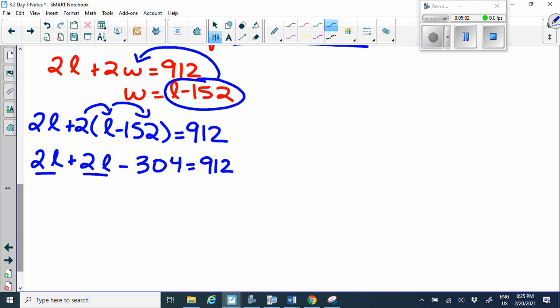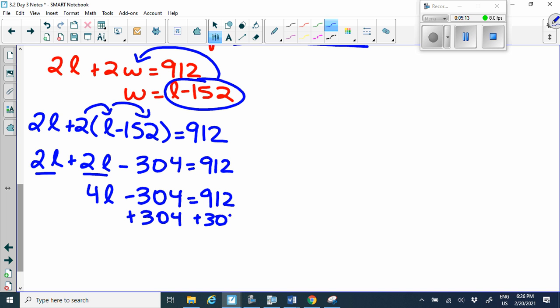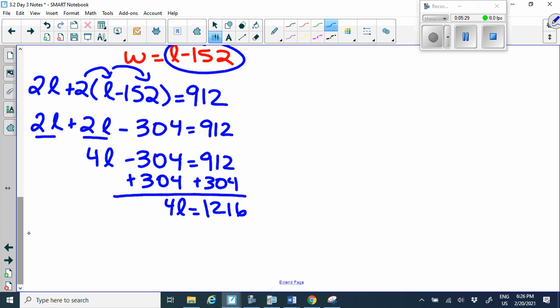My two L's are now 4L, minus 304 equals 912. I'm now going to add 304 to both sides. So now I have 4L equals 912 plus 304, which gives us 1,216. And now I'm going to divide both sides by 4.